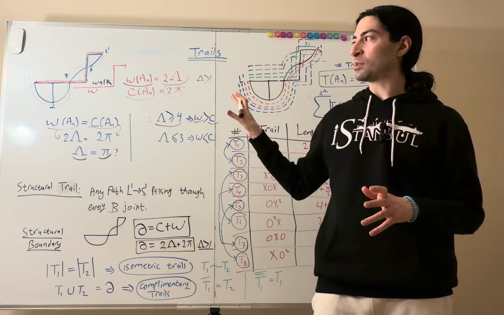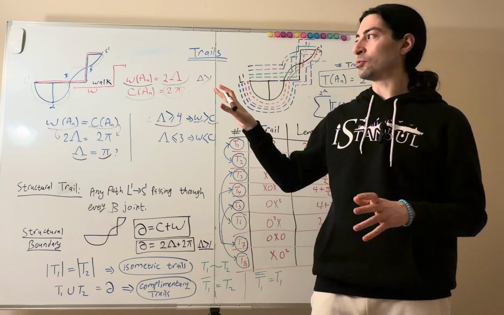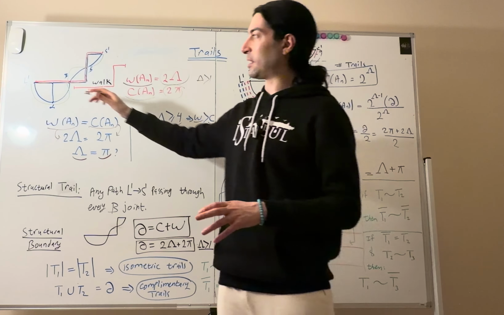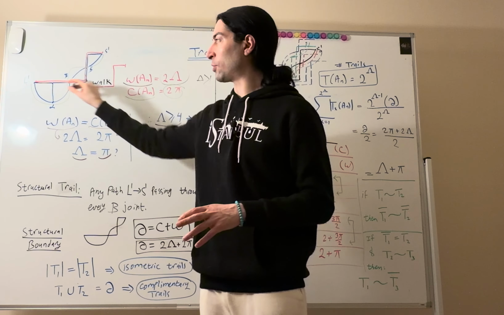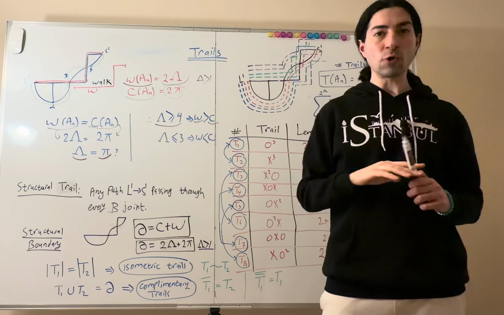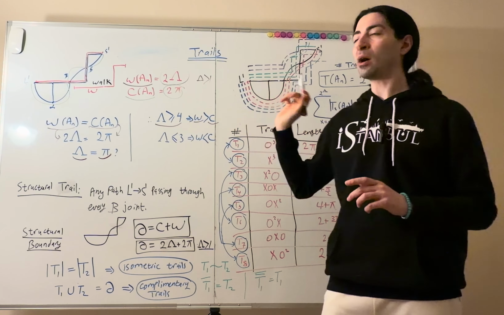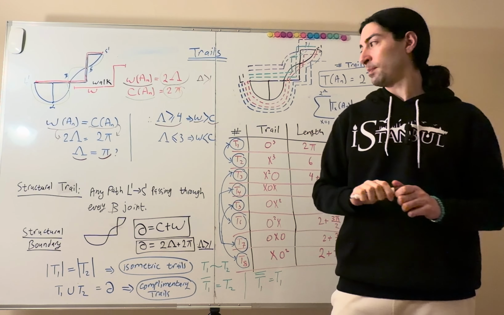So if you have a sectoral structure and you want to, let's say, drive across it, and you have to decide between following the curve or the walk, look at the order of the sectoral structure. If it is 4 or greater, then the walk will take you more time.